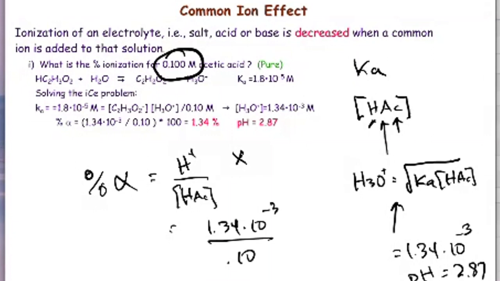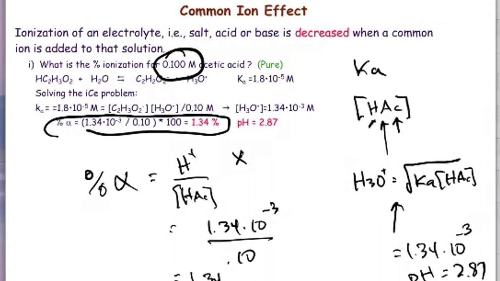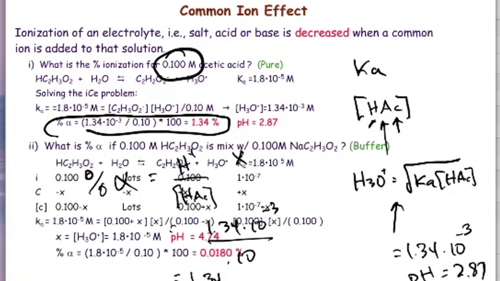If you multiply that by 100, you get 1.34%. Why is this important? Because I want to show you that acetic acid has a percent dissociation of a little bit more than 1%.